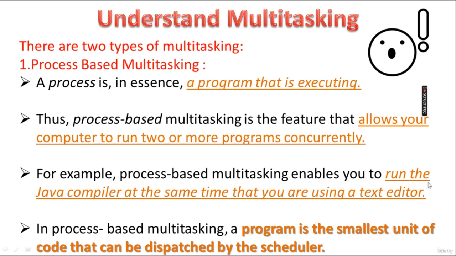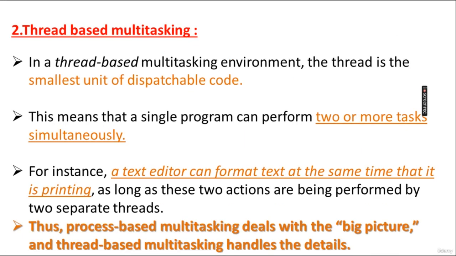These are the programs under execution. But those programs can also be divided into multiple parts. Those small parts are called threads, and they are the smallest unit of dispatchable code in thread-based multitasking. In that type, a single program can perform two or more tasks simultaneously. Each program is divided into parts, and those parts can be run concurrently.